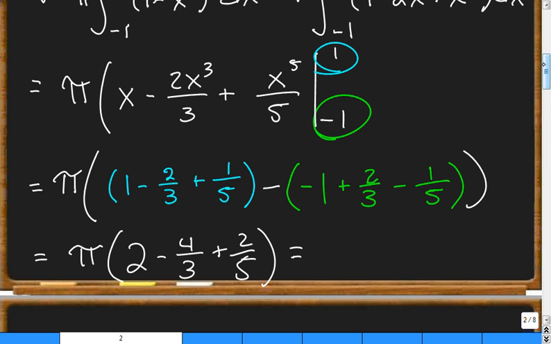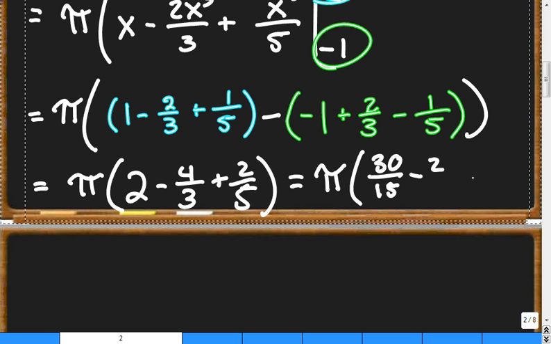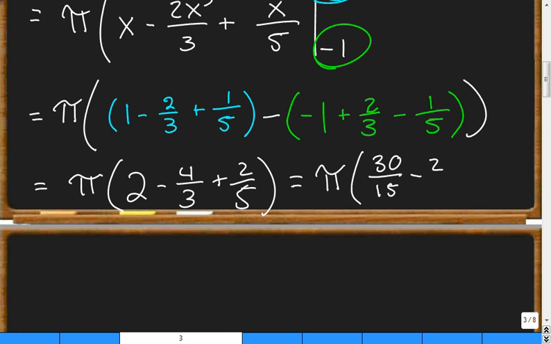And so we want to go ahead and again try to simplify this. So we're going to get pi times 2, which is the same thing as 30/15. And you can do this on your calculator as well. This will be negative 20/15.